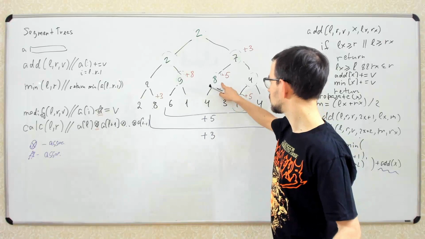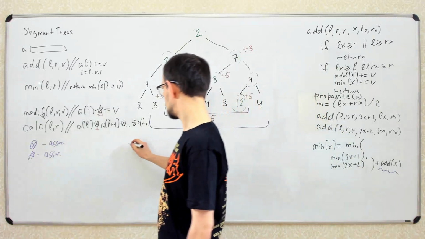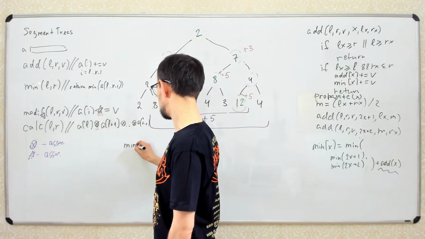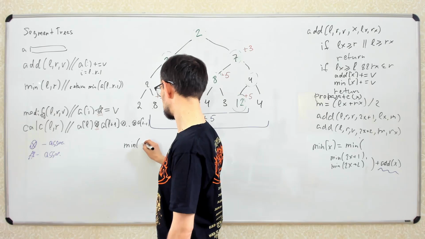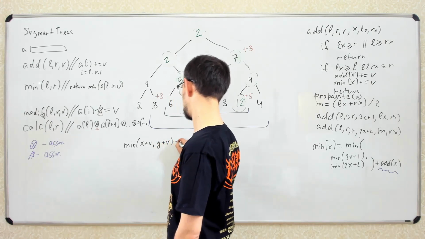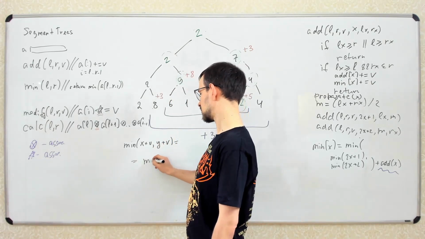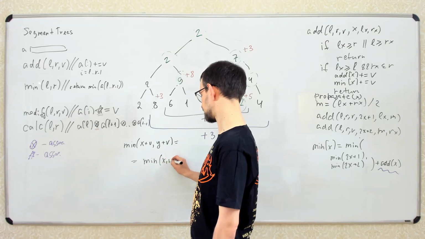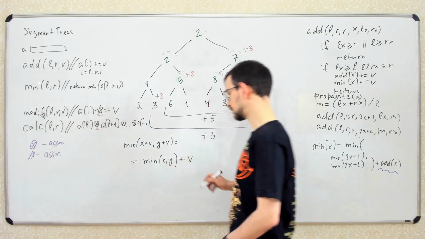So when we do this, we use the fact that when you calculate the minimum of x plus v and y plus v, it is the same as taking the previous minimum and then adding v.